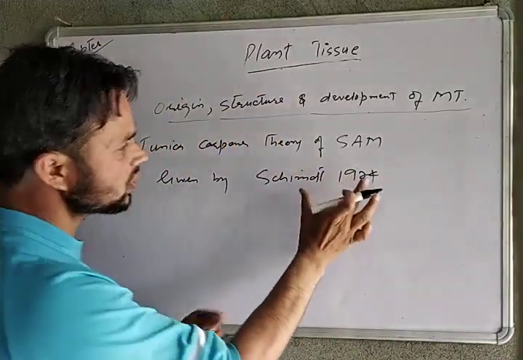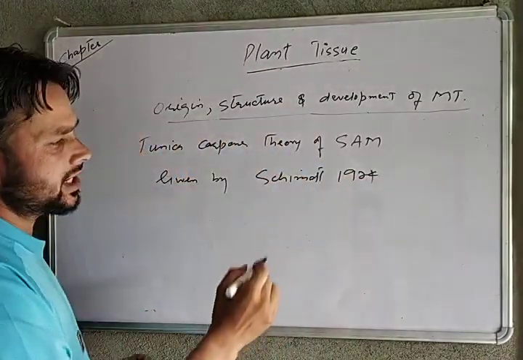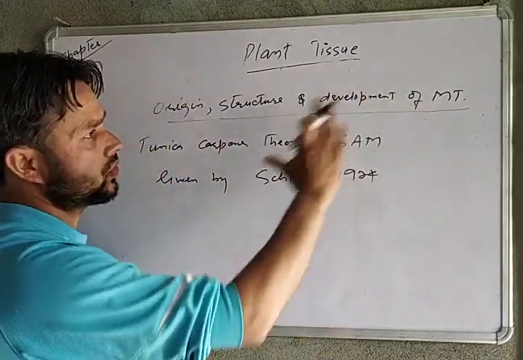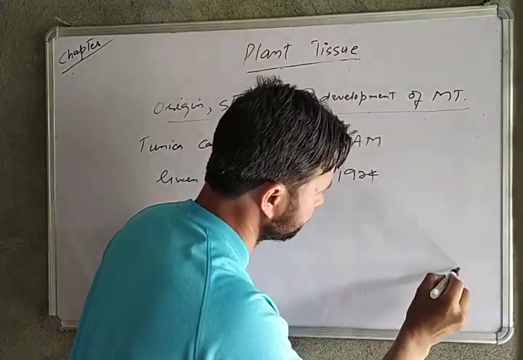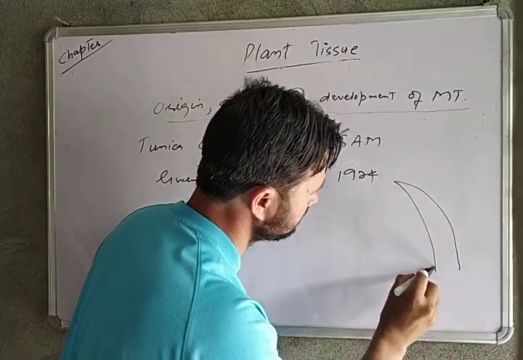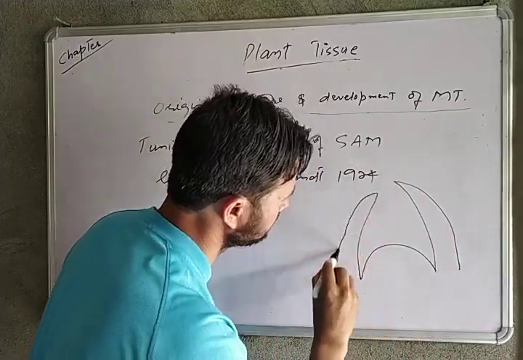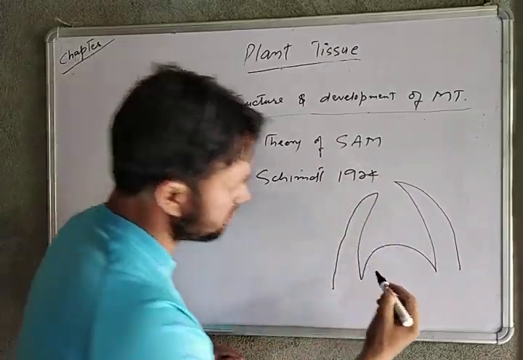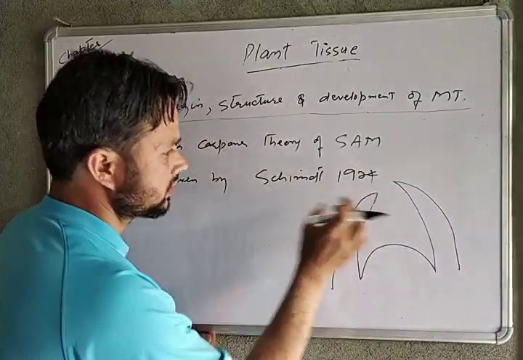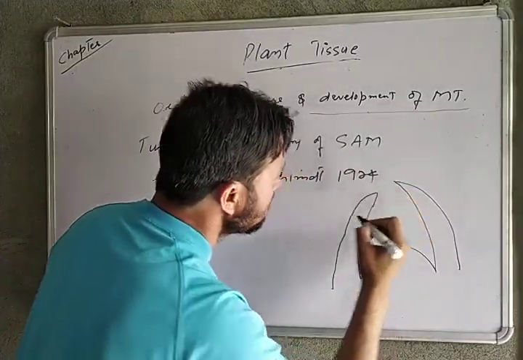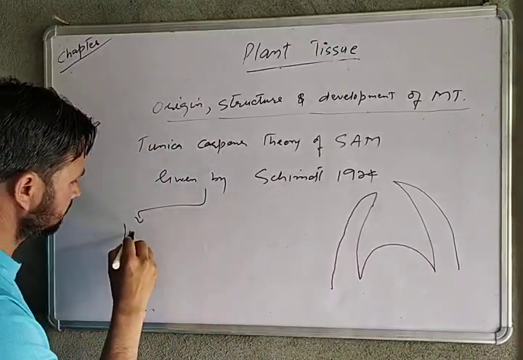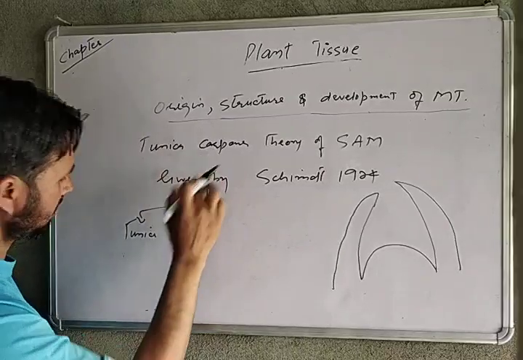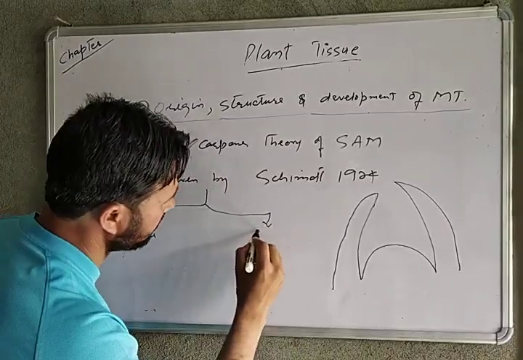1924. What did Schmidt say? It says this whole meristematic tissue has two parts. This whole tissue is differentiated into two parts. One is tunica, as the name indicates, and another is corpus.